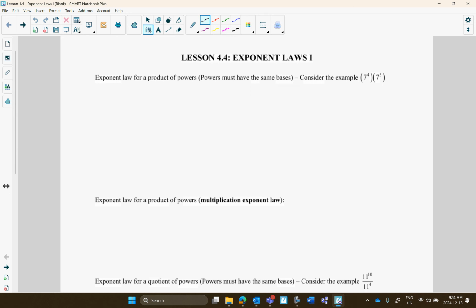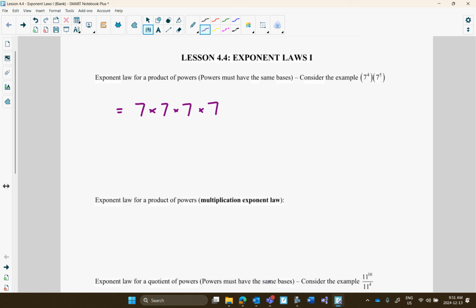Let's say we wanted to multiply 7 to the 4th times 7 to the 5th. How do I write 7 to the 4th out? 7 times 7 times 7 times 7. That's 7 to the 4th.